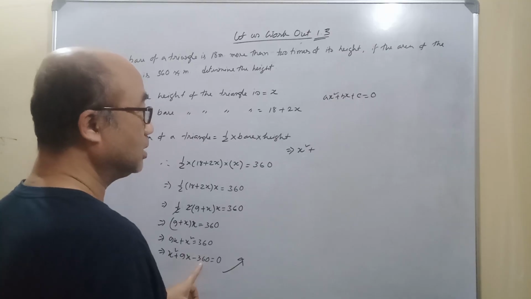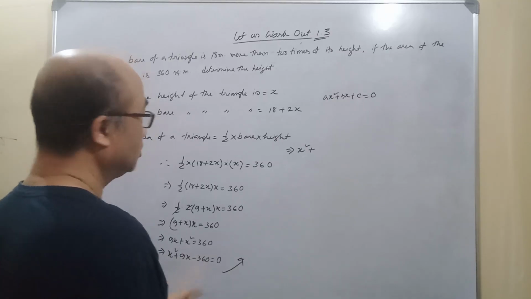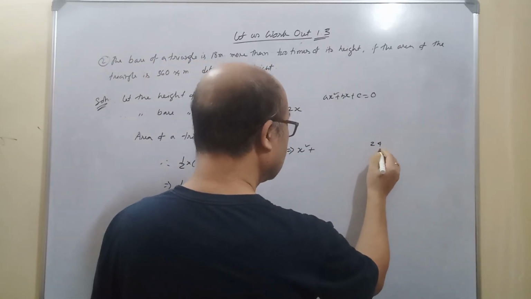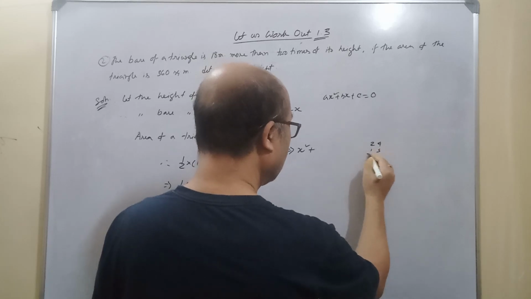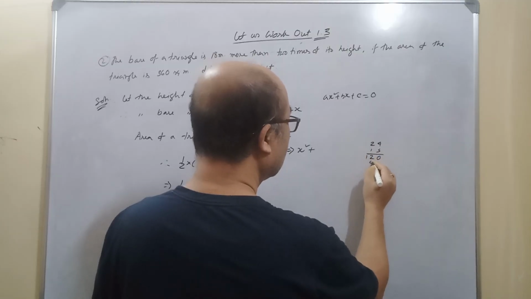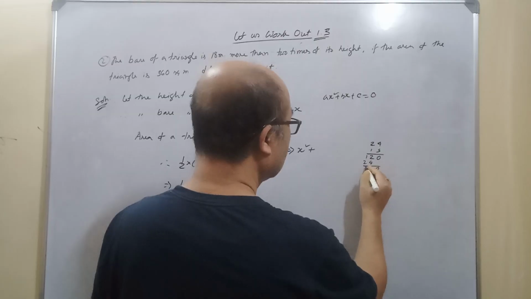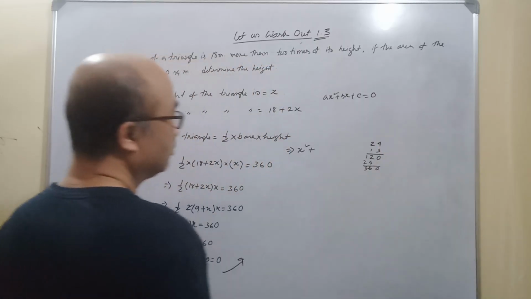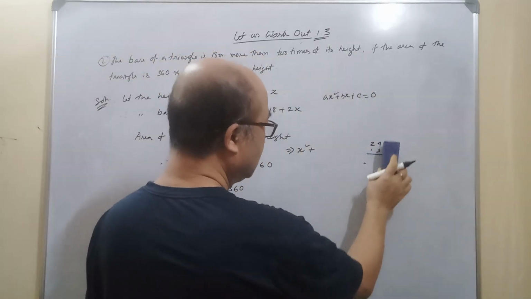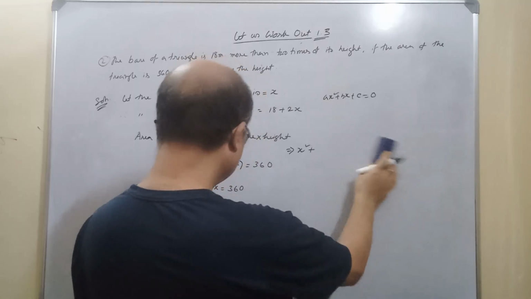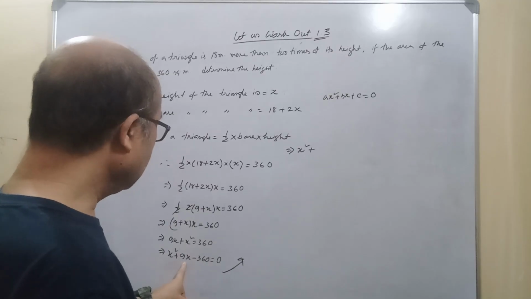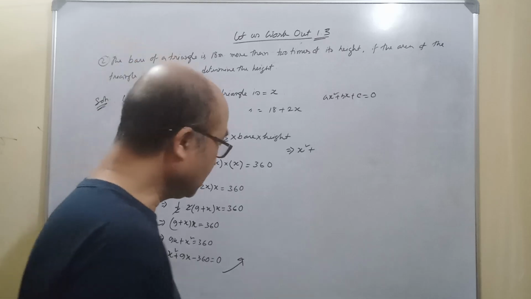How much is 360? 24 into 15, right? So we get two numbers 24 and 15 whose product is 360, that is the constant term, and their subtraction is equal to 9.